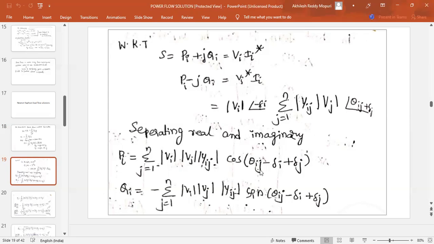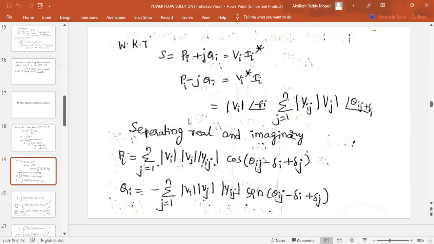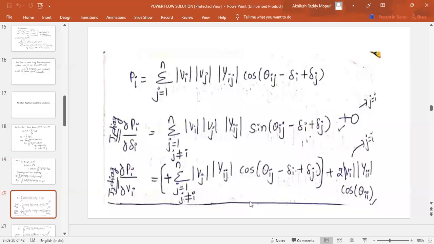Similarly, minus Qi is equal to summation j equal to 1 to N Vi Vj Yij sine of theta ij minus del i plus del j. I am sending that minus to the other side. Now we have the Pi and Qi formulas, which are used in Newton-Raphson load flow studies.